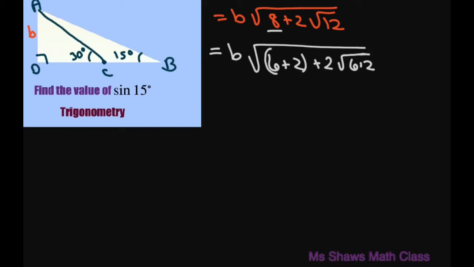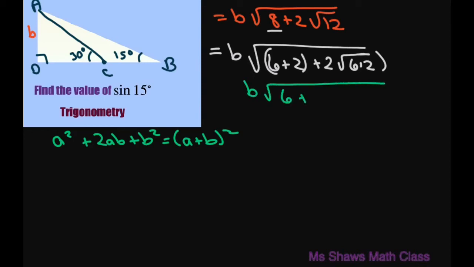So this follows the form of a squared plus 2ab plus b squared equals a plus b squared. That's what I'm trying to do. So basically, I can rearrange this as 6 plus 2 square root of 6 times 2 plus 2.